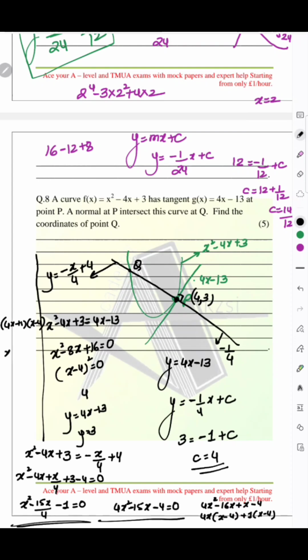So I get the two values of x: one is 4 and another is negative 1 over 4. We already know the point P where the x-coordinate is 4. That means obviously Q has negative 1 by 4 as its x-coordinate, and for y just substitute it into the equation of the normal, which we have calculated as y is equal to negative x over 4 plus 4.